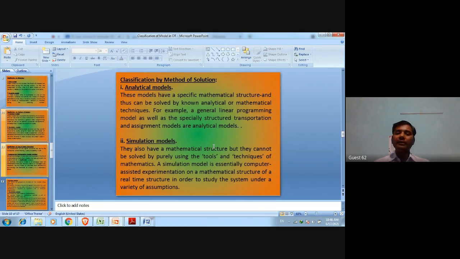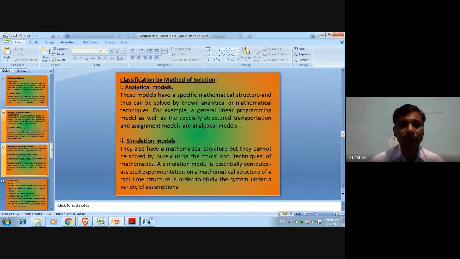After getting the results, you will make a solution. When these types of models are used, we can say that these are simulation models. We have to make some assumptions to use our mathematical techniques.